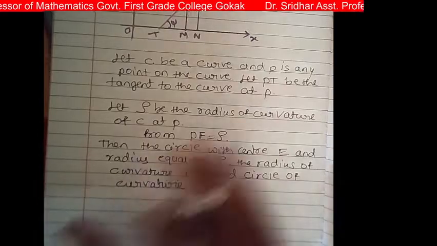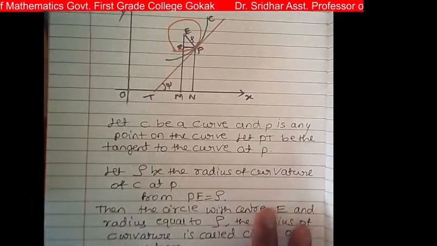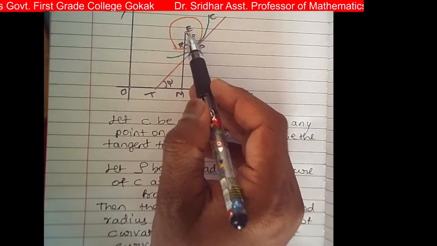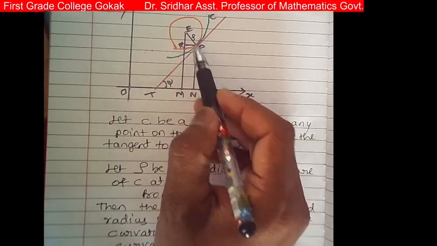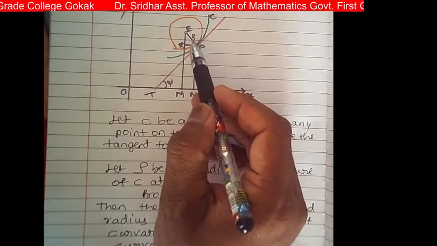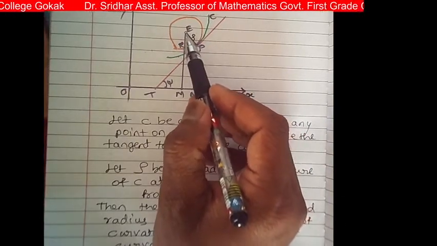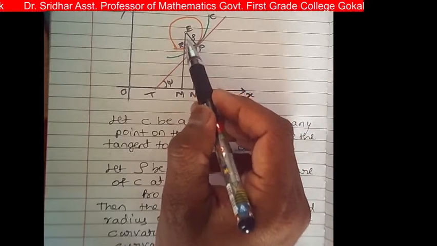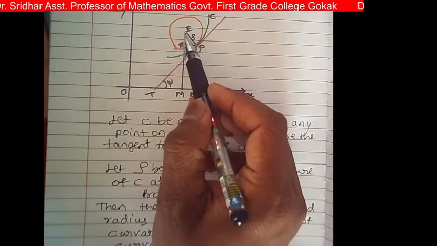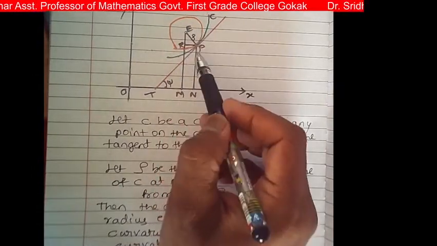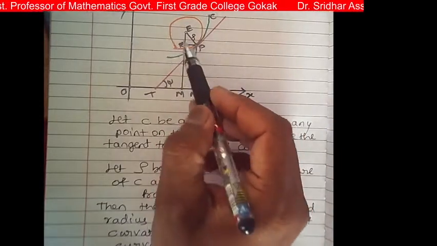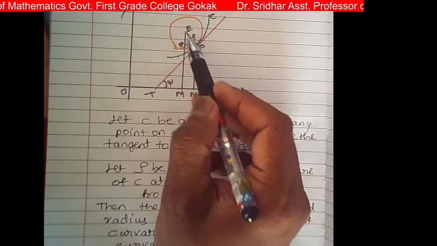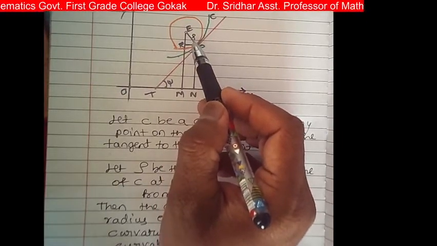Now see in this figure. Taking E as the center and the radius of curvature rho as the radius, draw a circle.